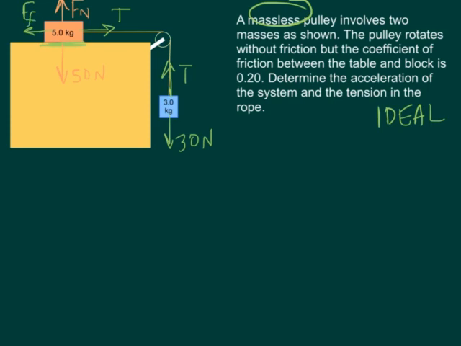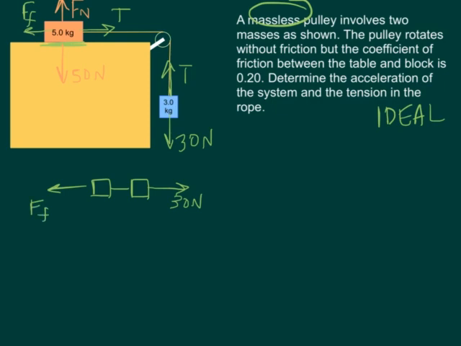So when I look at this whole system, and I just look at forces that point parallel to the rope, then I have these two objects linked, and there is 30 newtons pulling the system in the forward direction, and then there's this frictional force pulling the system in the opposite direction.